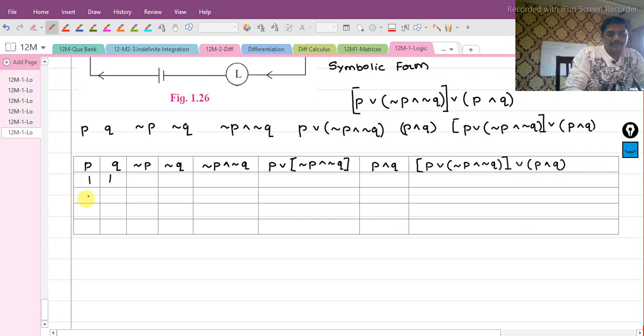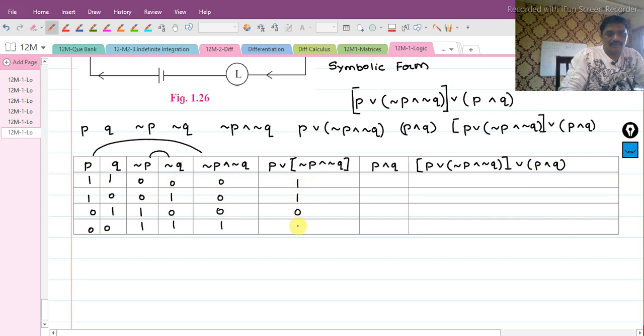So this is 1 1, 1 0, 0 1, 0 0, 0 0 1 1, 0 1, 0 1. Ending of these two, 0 0 0 1. इसको और किया जाएगा इसके साथ. This is 1 1 0 1.